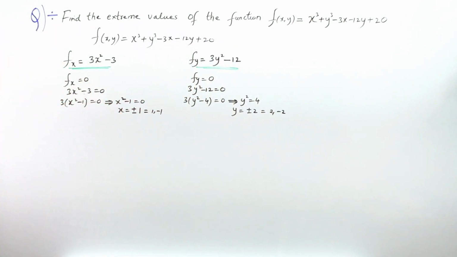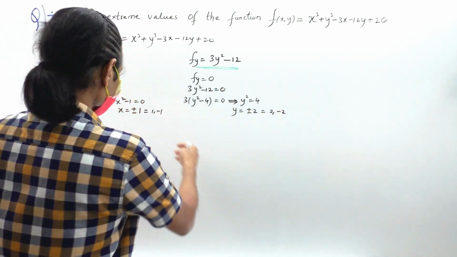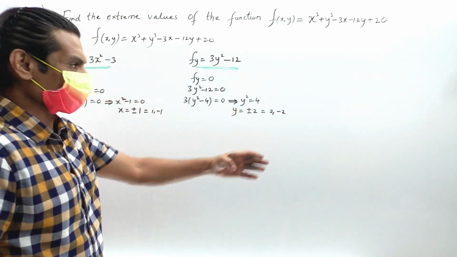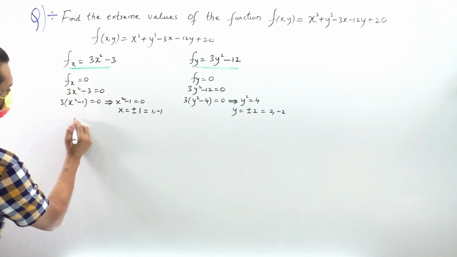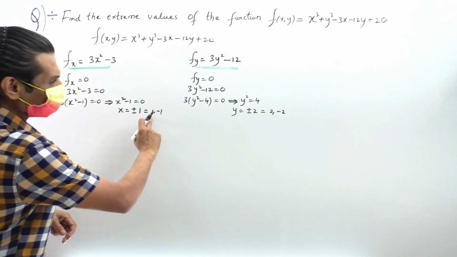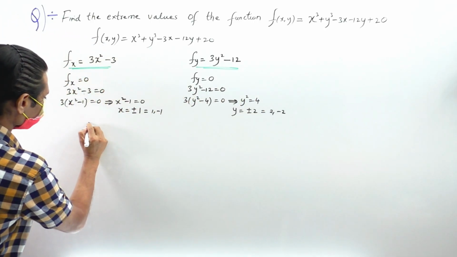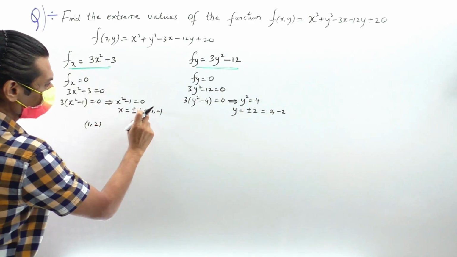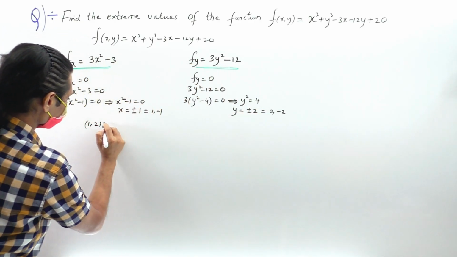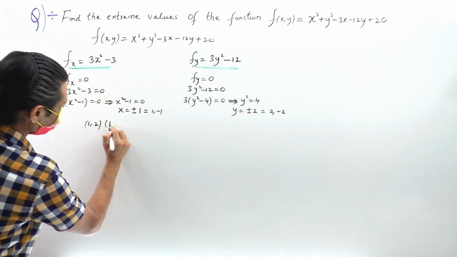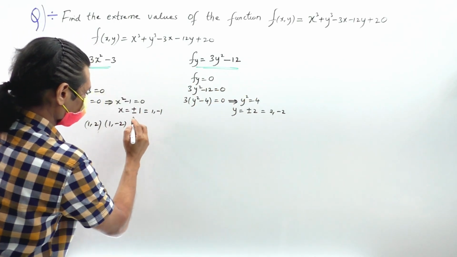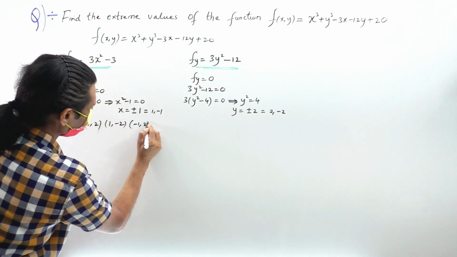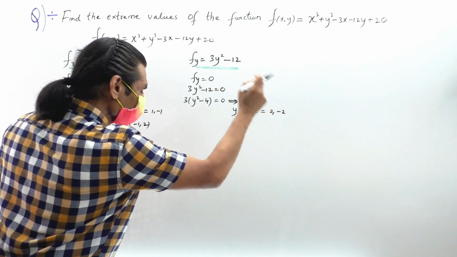So, from these points easily we can make some ordered pairs because both are separate values. We can make ordered pairs to get the stationary points here. So, the stationary points are 1, 2, again 1 and minus 2, again minus 1 and 2, again minus 1 and minus 2.